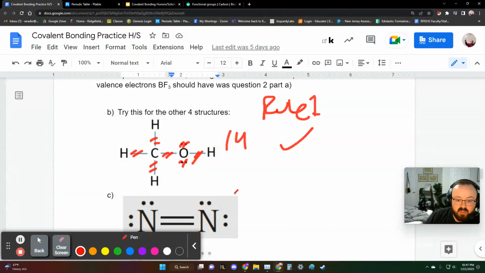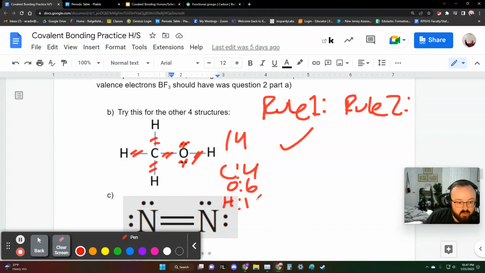It did not violate our octet rule, and our answer to question 2, our second rule: well, we have carbon is 4, oxygen is 6, and then for hydrogen it's 1, and there's 4 of them. So we end up with 14. And these are the same number, so this matches, and this is good.